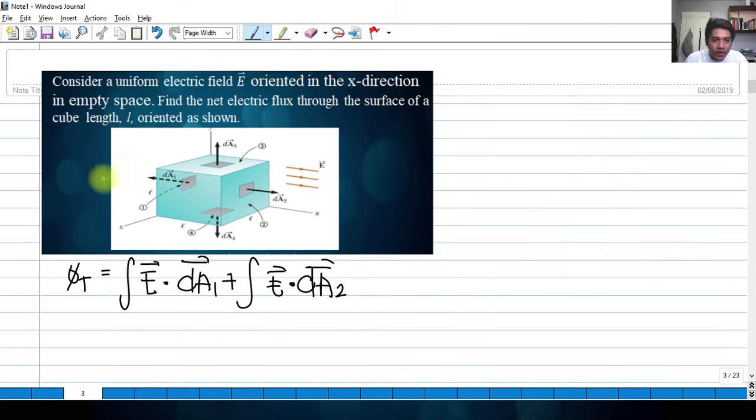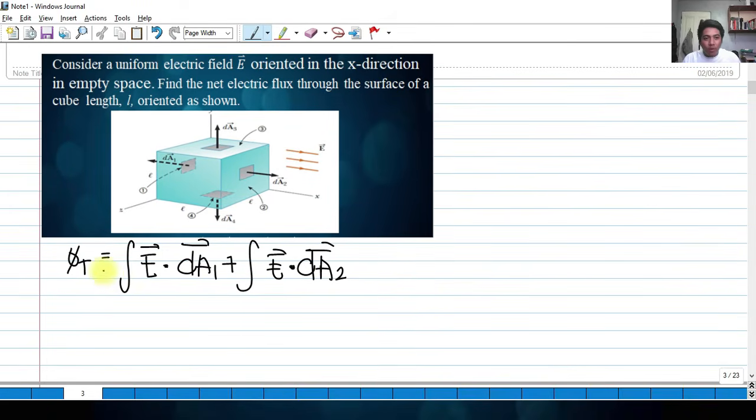Agree? Because this is our dA sub 1, dA sub 2. And again, plus 0, plus 0, plus 0, plus 0, because that would not make a difference: plus 0 here, plus 0 here, plus 0 on this face, and on the back side, plus 0, because the electric field and the normal vectors of those faces of the cube are perpendicular. So the only things that are not perpendicular are the normal vectors of dA sub 2 and dA sub 1, so we have to compute that.